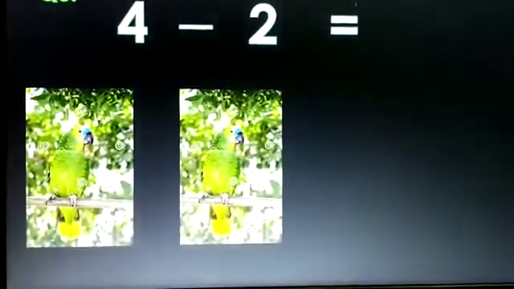Let's go to question number 3. Question number 3 is 4 minus 2 is equal to, children, you have to tell the answer. We'll take example of 4 parrots. You can see on the screen there are 4 parrots.